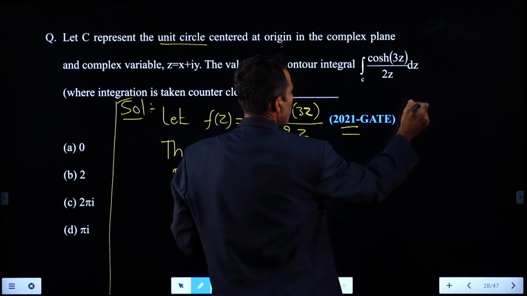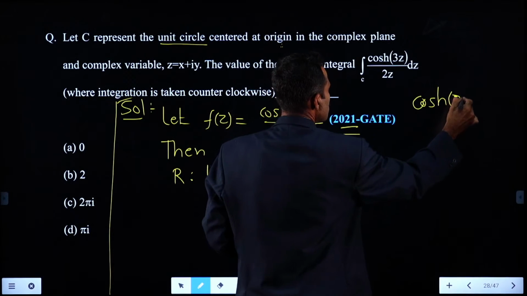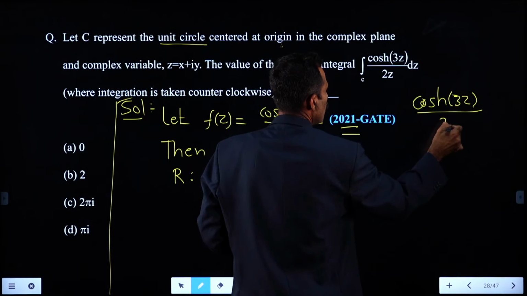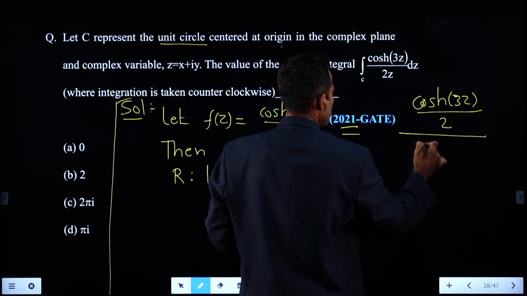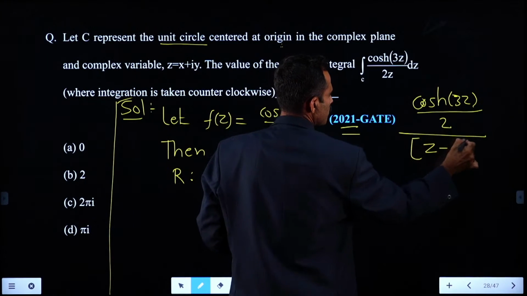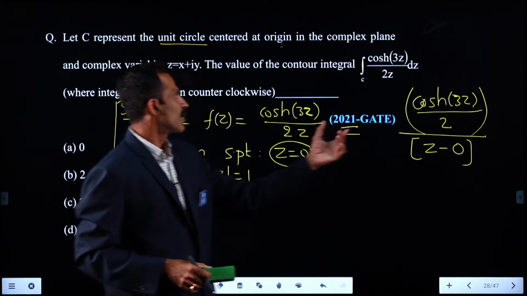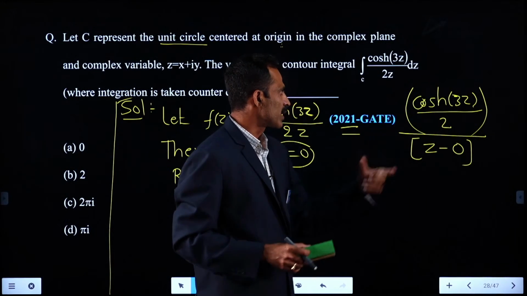This is equal to cos h 3z by 2 whole divided by z minus z naught form only, that is 0. So this function is in the form of some function by a single factor only.